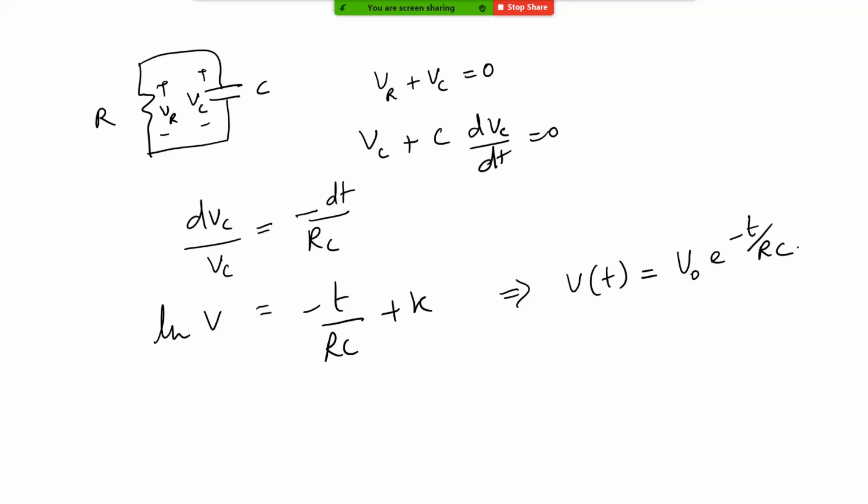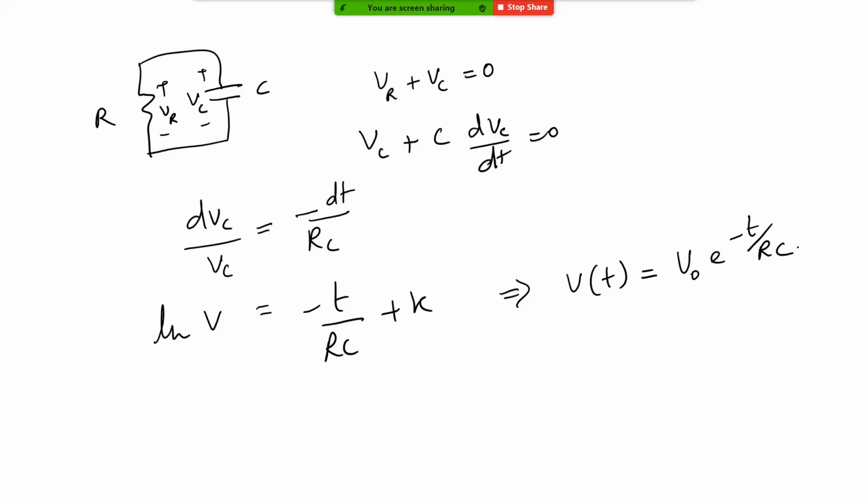We looked at RL circuits where the current was the exponentially decaying function. Here we have the voltage which is exponentially decaying, because the voltage across a capacitor cannot instantaneously change.